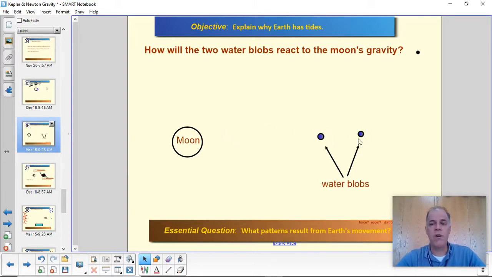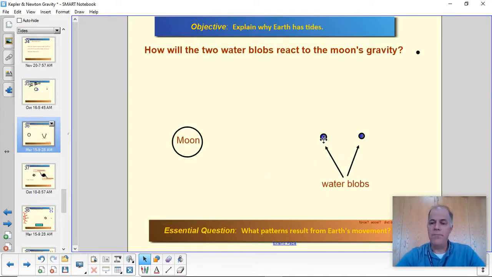If this one is farther away, it feels a smaller pull toward the moon than the close one does. Since this one feels a greater force, it's going to have a greater acceleration, and it's going to accelerate away from the other one. So if we were to attach these with a spring, this spring would tend to get stretched as these blobs fell in.